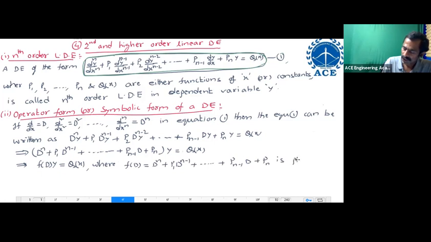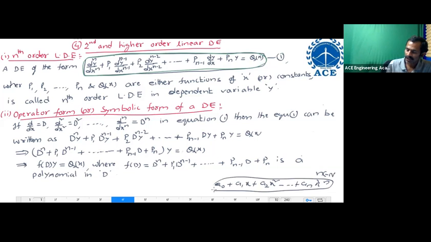It is a polynomial in differential operator D, just like a naught plus a1 x plus a2 x square and so on plus an x power n, where n belongs to capital N, is a polynomial expression in x.